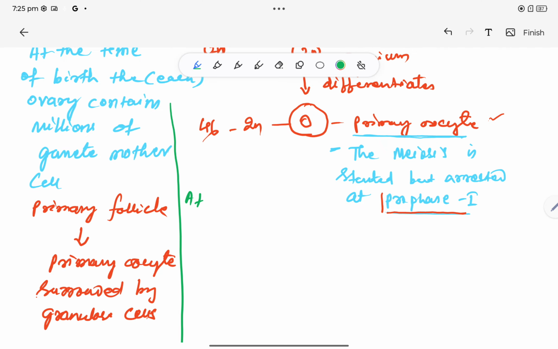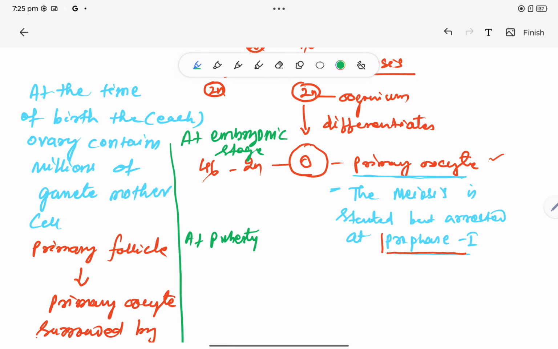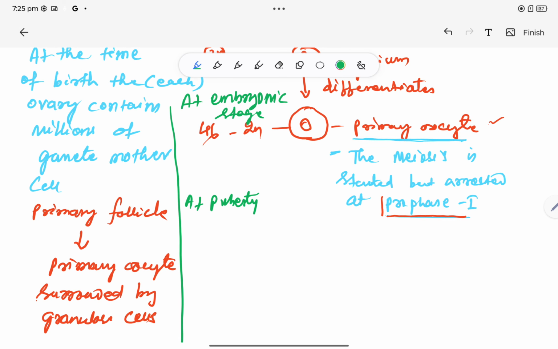At puberty, so this is at the embryonic stage. Okay, the oogenesis starts at the embryonic stage, very, very important, children. Then at puberty the primary oocyte is released from prophase 1.